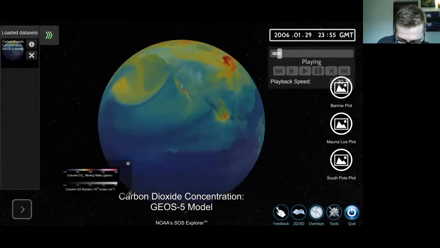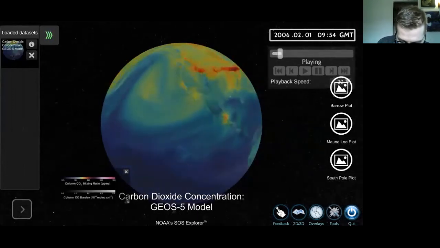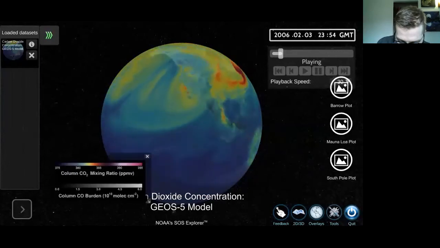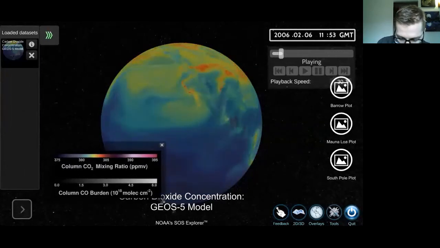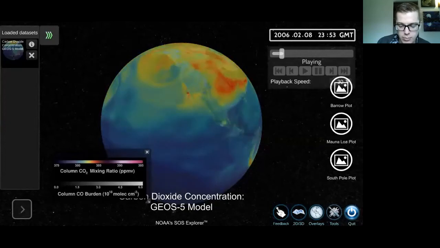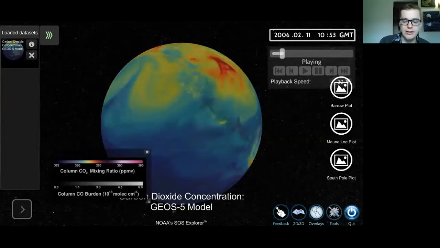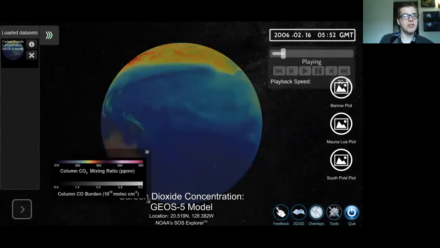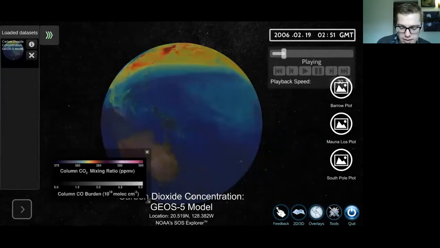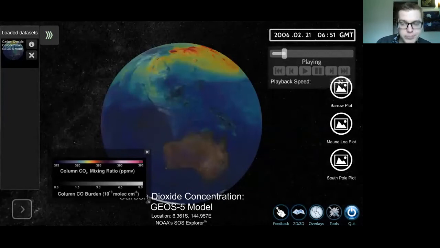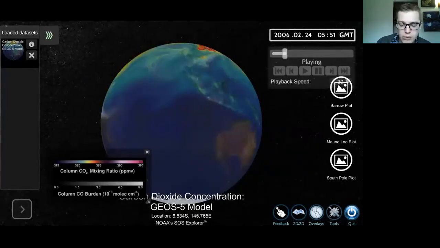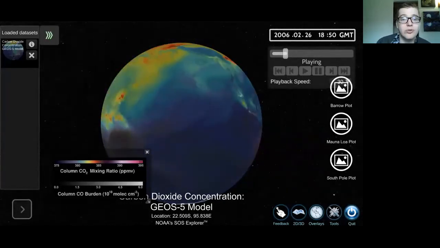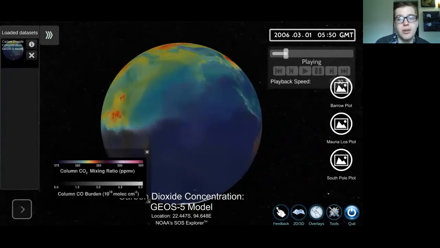So we can expand it a little bit to make it a little bit larger. And you can see that it says at its highest, which is going to be kind of a pink area, it's 395 parts per million of CO2, which doesn't seem like that much, right? It doesn't seem like it would be that big of an issue. But it is. Slowly over time, as we're adding more and more CO2 to the atmosphere, it's causing global temperatures to steadily rise over time.